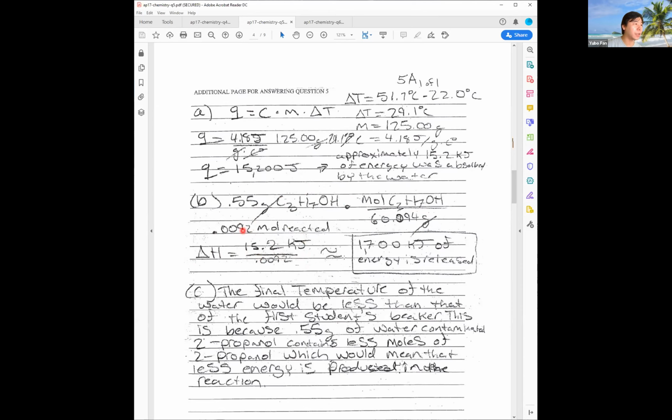So this is clearer. You can separate them into 2 steps: get the number of moles of isopropyl first, then do the division. You get 1700 kilojoule per mole.